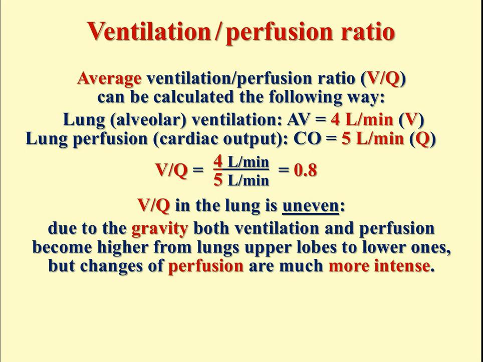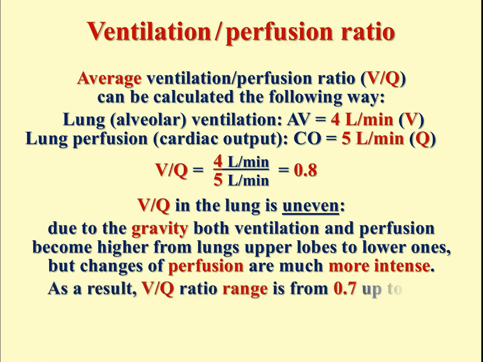It creates the difference between upper and lower lobes in an unexpected way. The maximal ventilation-perfusion ratio is characteristic not for the lower lobes, where both ventilation and blood supply are high, but the best ratio is in the upper lobes. The ratio range is from as low as 0.7, in the lower part of the lungs, up to even 3, which is characteristic for the upper portions of the upper lobes.